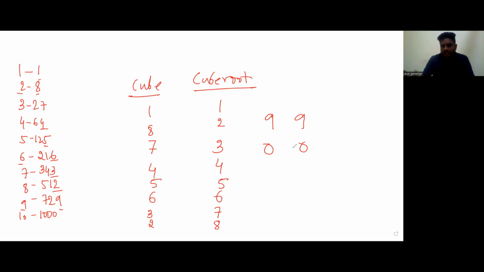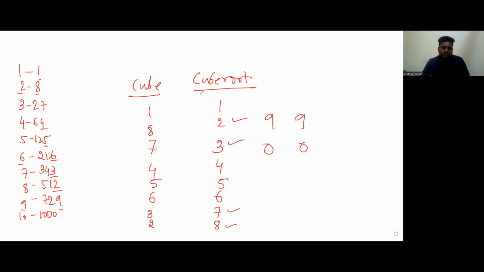It's very simple. Apart from 2, 3, 7, 8, the rest of the numbers are the same. Only for 2, 3, 7 and 8 it is interchanging: for 2 we have 8, for 3 we have 7, for 7 we have 3, for 8 we have 2. Getting this?